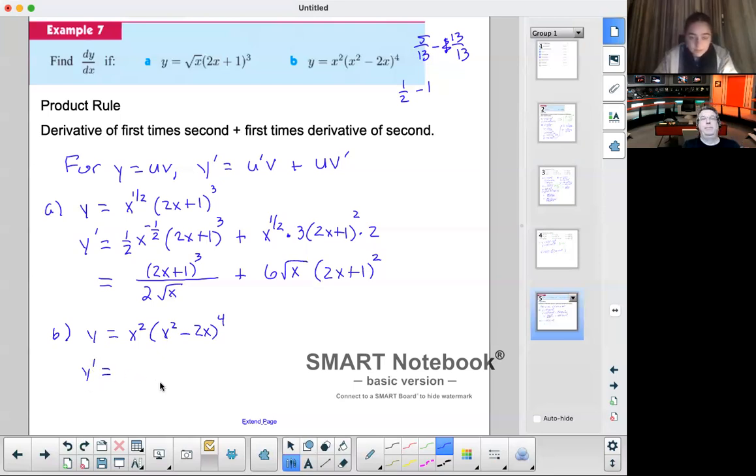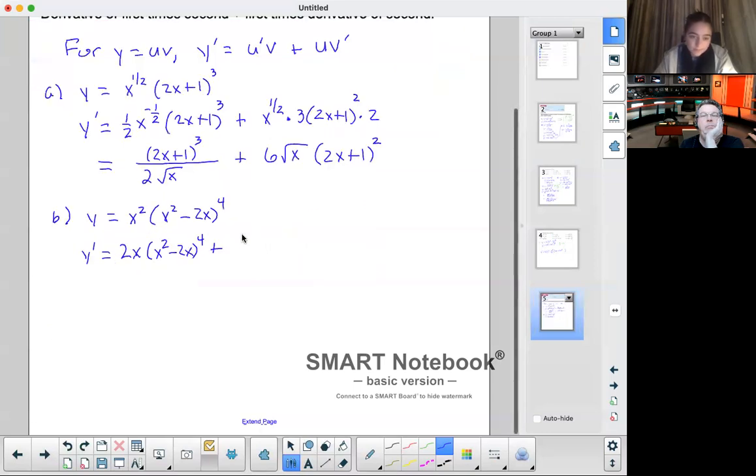So that's 2x multiplied by x squared minus 2x to the 4th plus x squared multiplied by 4 times x squared minus 2x to the 3rd multiplied by 2x minus 2.